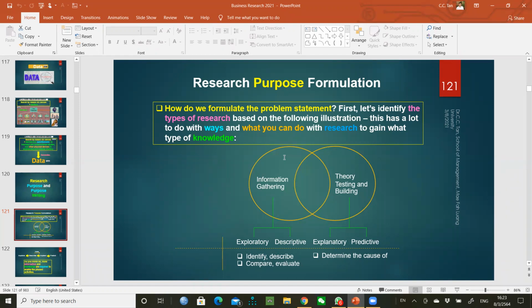So you can see a lot of research is really nothing but information gathering, such as to explore certain things, which is good. Well, if you go into literature review, you will know that many research articles are exploring for insights, exploring for new understanding, exploring for theoretical groundwork, which is good. Okay, so information has many different levels.